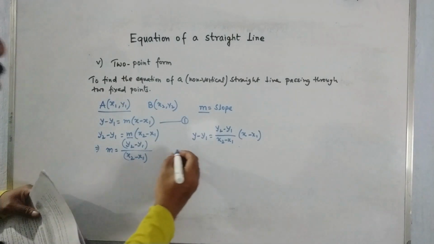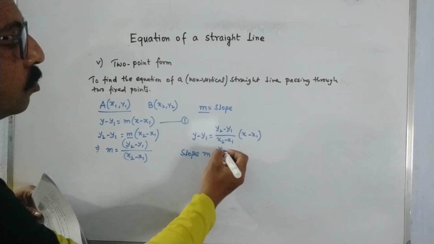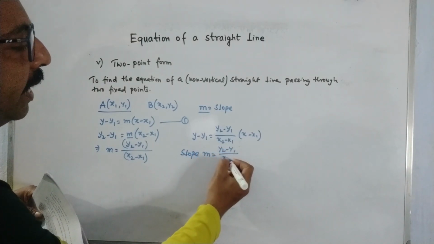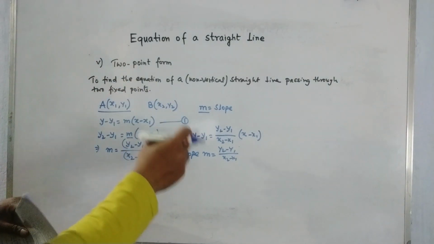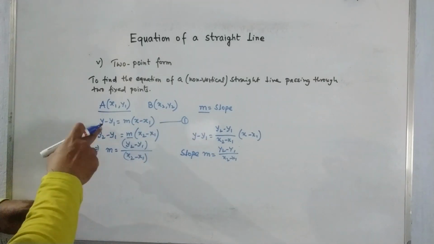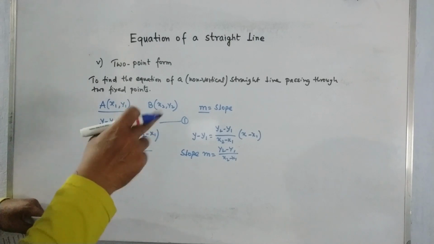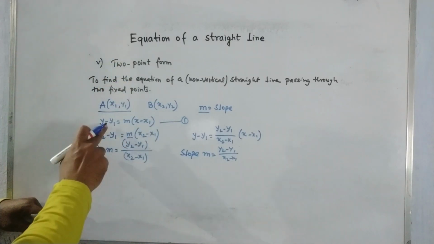Okay, so what is the formula of the slope? m equals y2 minus y1 by x2 minus x1, which you have to find from these 2 points, and then you have to put the value into equation number 1, where y minus y1, that means one point is given, slope is given.